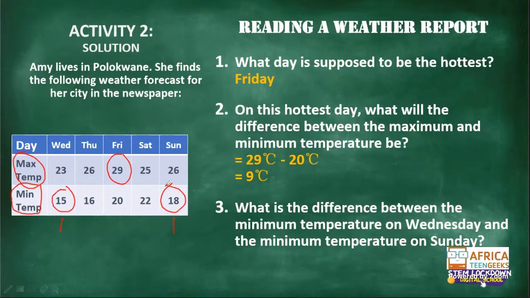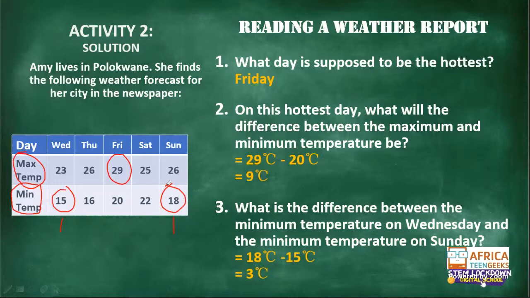Sunday, there we go. Thank you, Megan. This is a nice equation. There's 18 minus 5. Shanice, yes, great, guys. So 18 degrees for Sunday, 15 degrees for Wednesday. That gives us a difference of 3 degrees Celsius.